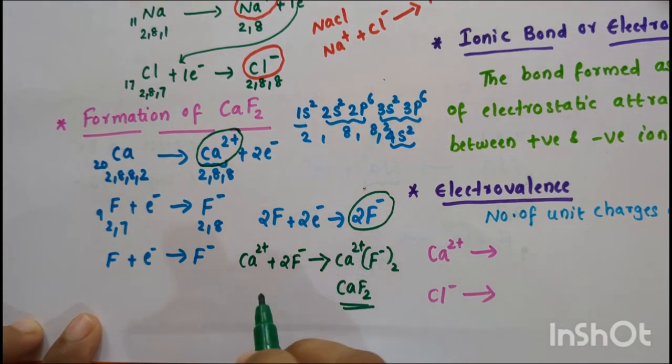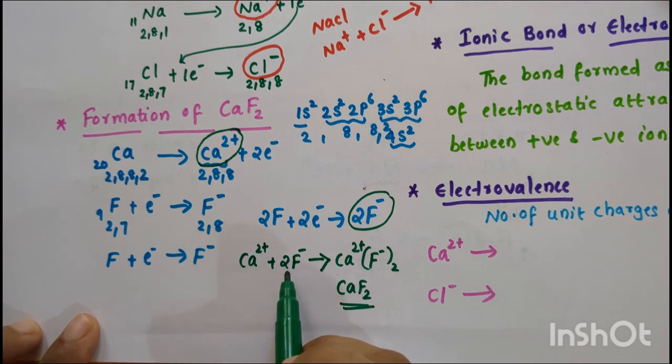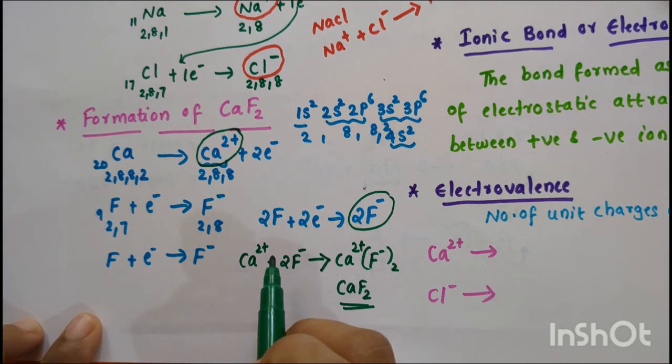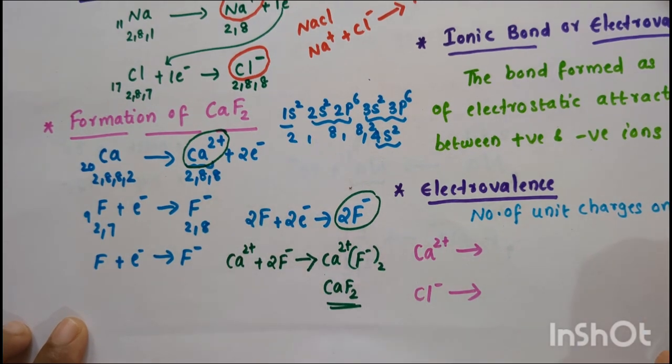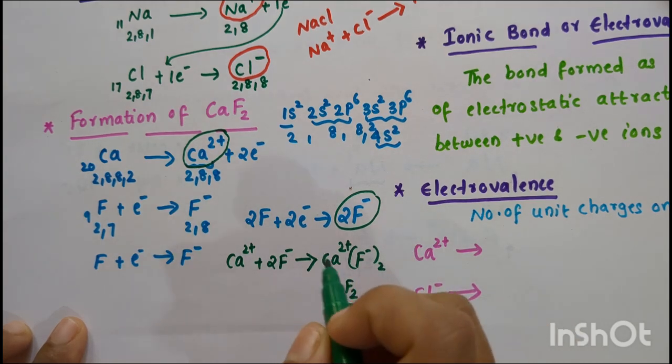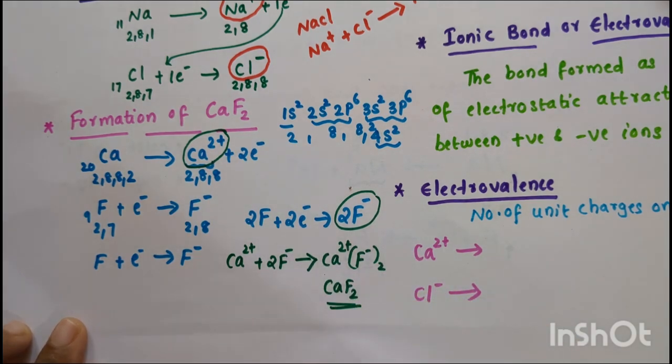The attractive force which holds the Ca2 plus ion and F minus ions together is generally termed as a chemical bond. The bond formed here is as a result of the electrostatic attraction between the positive and negative ions, and that is termed as an ionic bond or electrovalent bond.